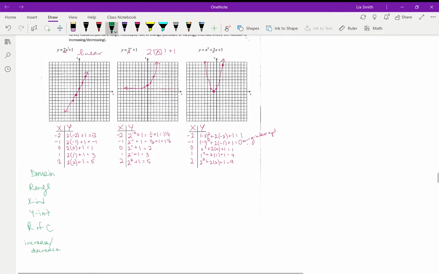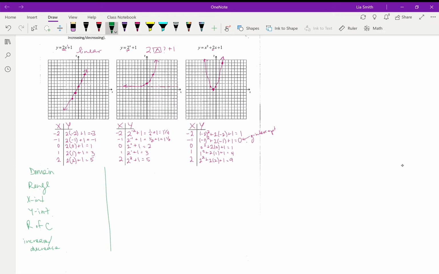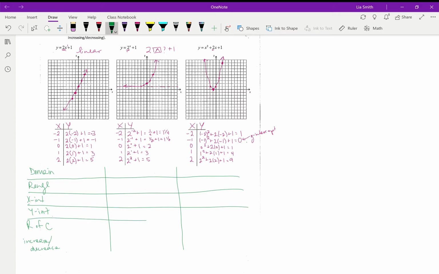Okay, so if we were to split these up, I'm not going to write all of that, basically creating myself a nice neat table here. Keep my work nice and organized. Always a good idea.